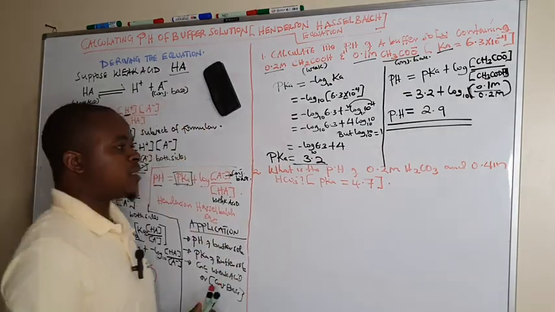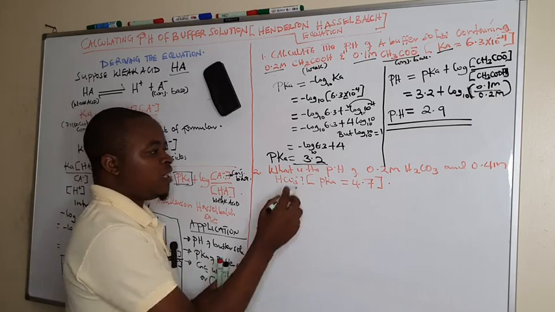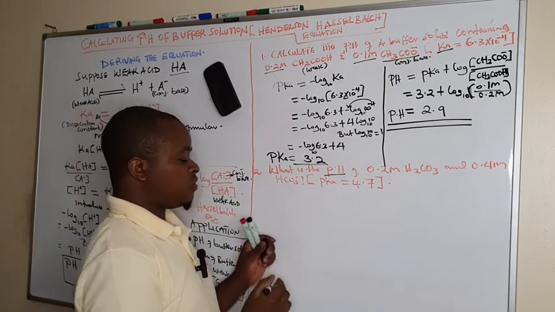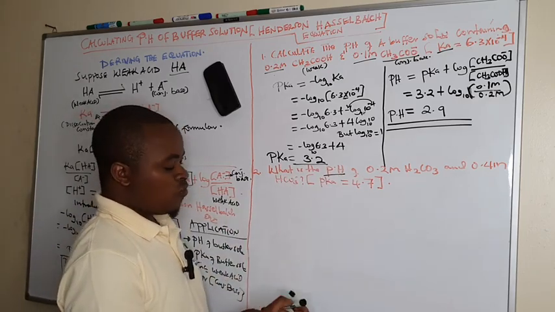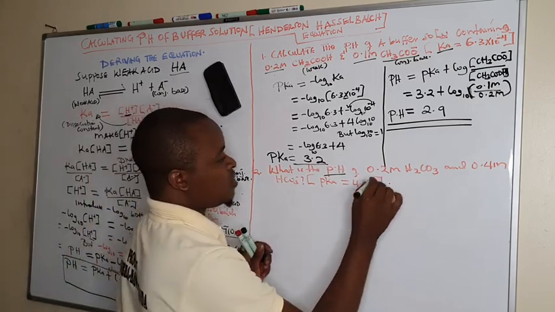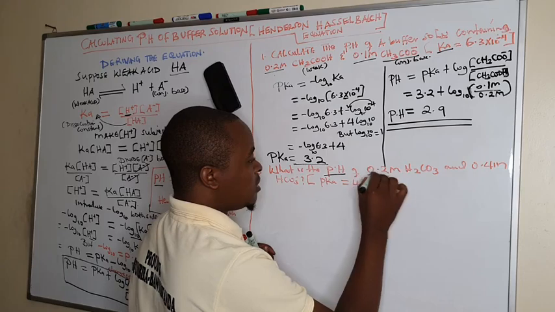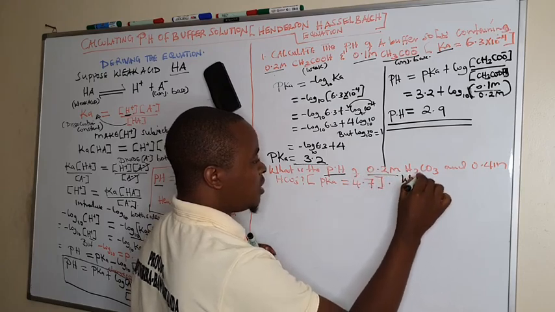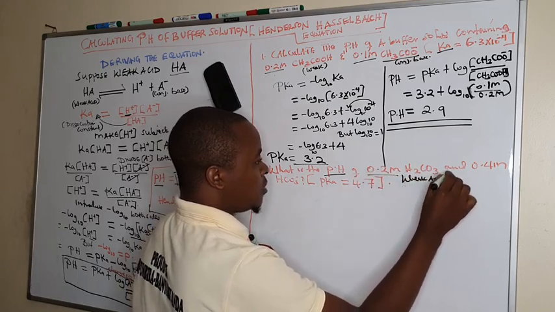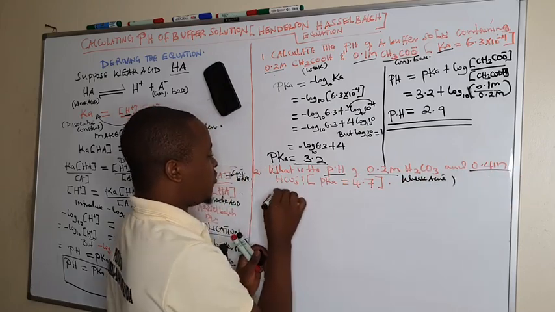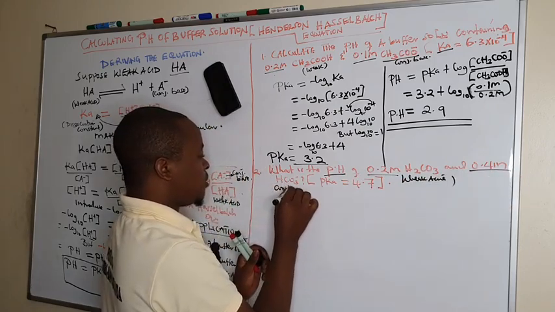Then we have another example here. We are required to calculate the pH of the solution when provided with 0.2 molar of the weak acid and 0.4 molar of the conjugate base.